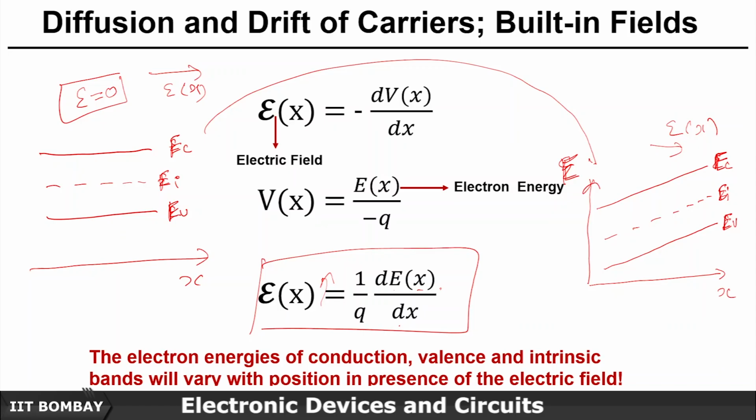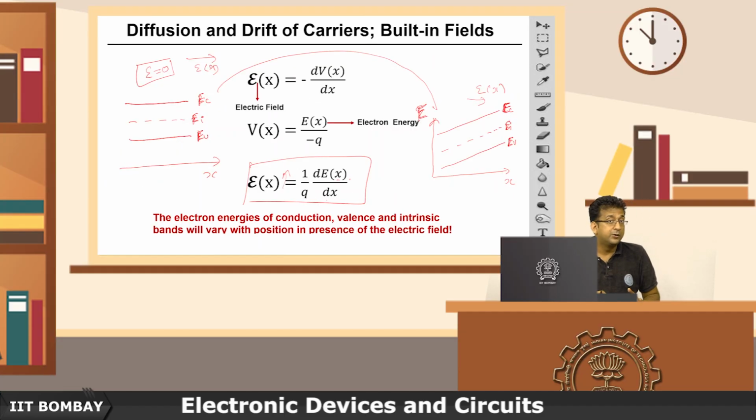Okay. You can see the bands are no longer straight as they are when the electric field is not present, because electrons need to do work moving along the direction of the electric field, since their natural tendency is to go against that. So, if one electron is here and one electron is here, the electron here has more energy than here.